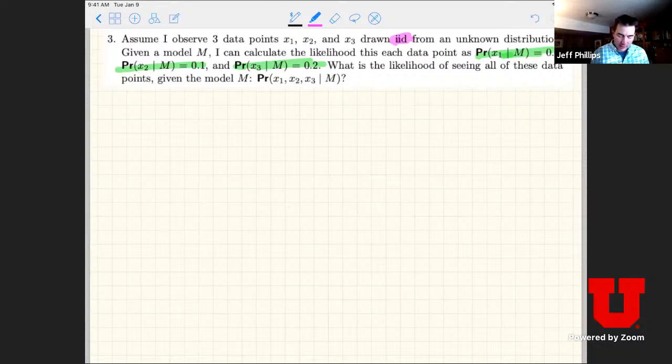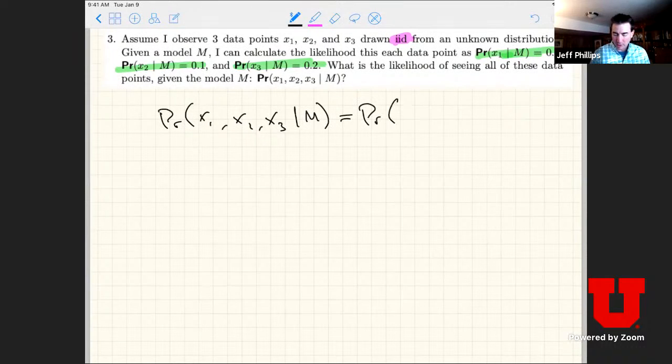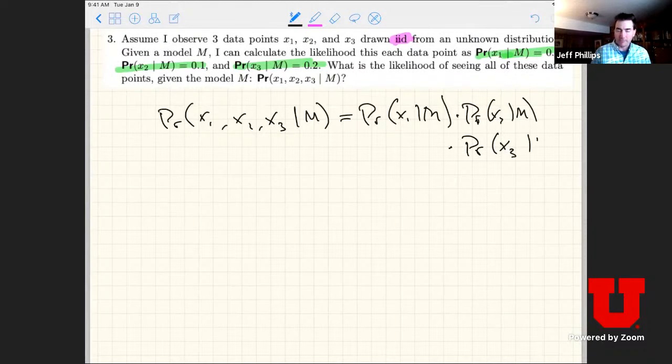The independence allows me to say that the probability of x1, x2, x3 given the model is equal to the probability of x1 given the model times the probability of x2 given the model times the probability of x3 given the model. So I can take the joint probability, because of independence, as the product of the three things.